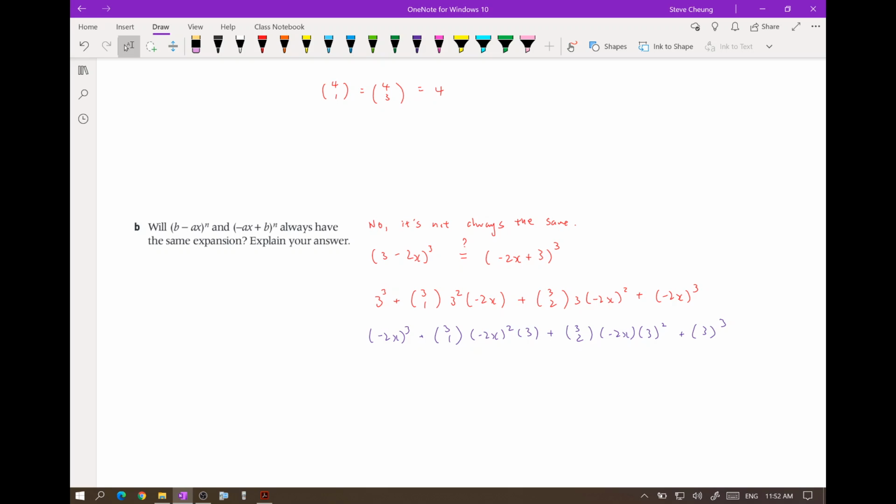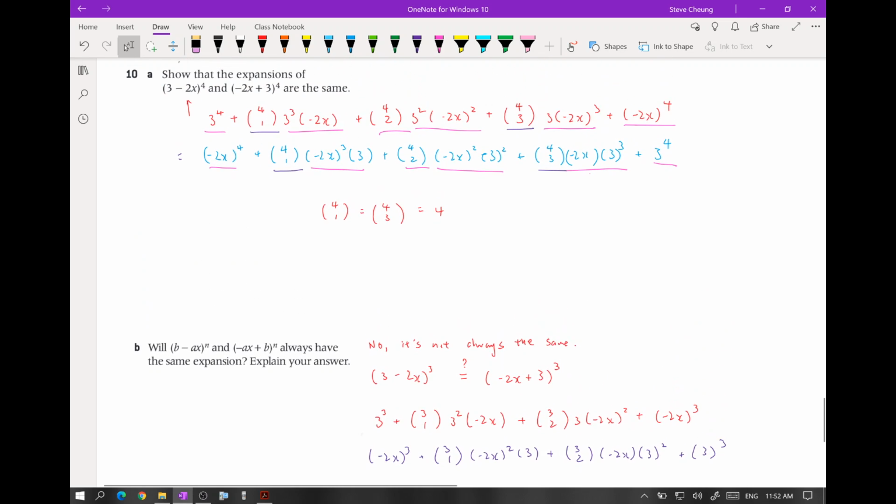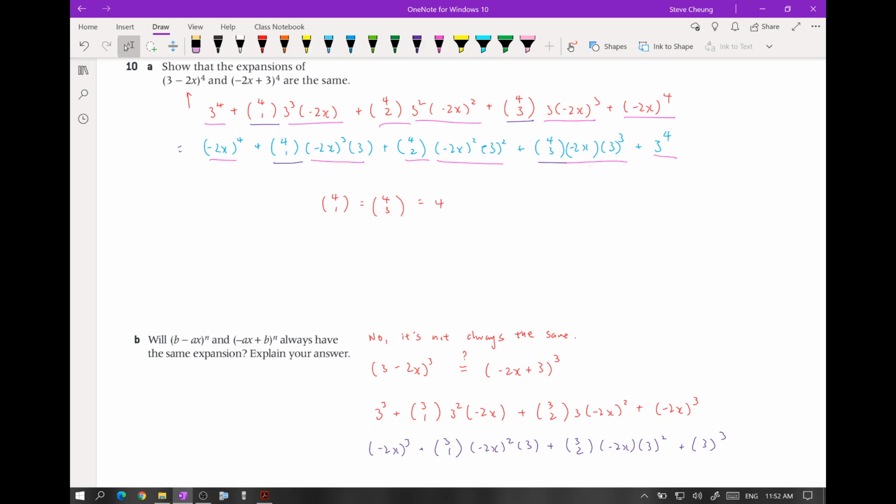This is really odd. Let me check. 3 choose 1, 3 choose 2, 3 choose 3. Oh, you know what? No, there's a mistake in the book as well too.